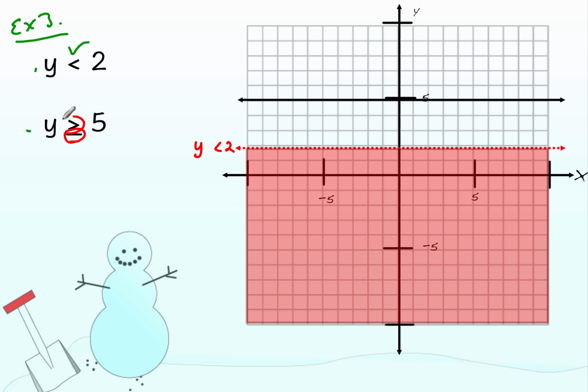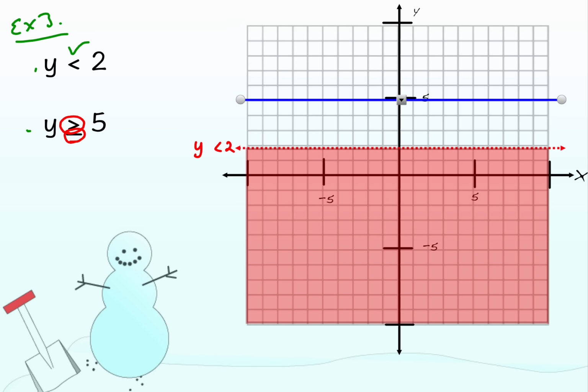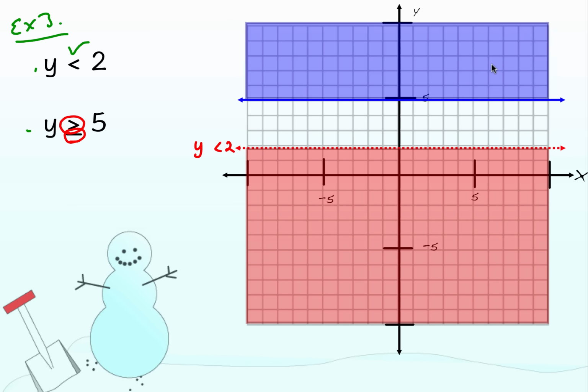And now they want me to go above the line. So let's take this right here and let's make this a lovely blue. And take my box. I'm going to go above the line. Hey, it kind of looks like the French flag. Y is greater than or equal to 5, and voila!